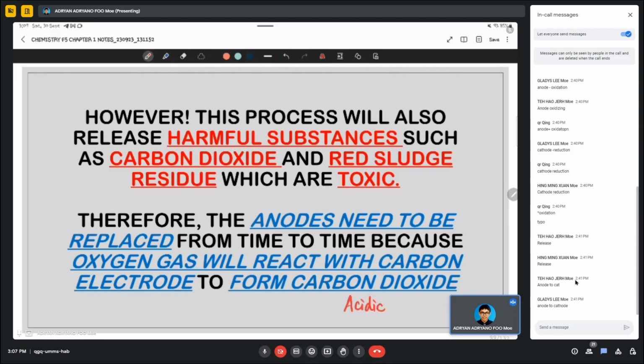So your process will release acidic gases, which is dangerous. That's why they say toxic.